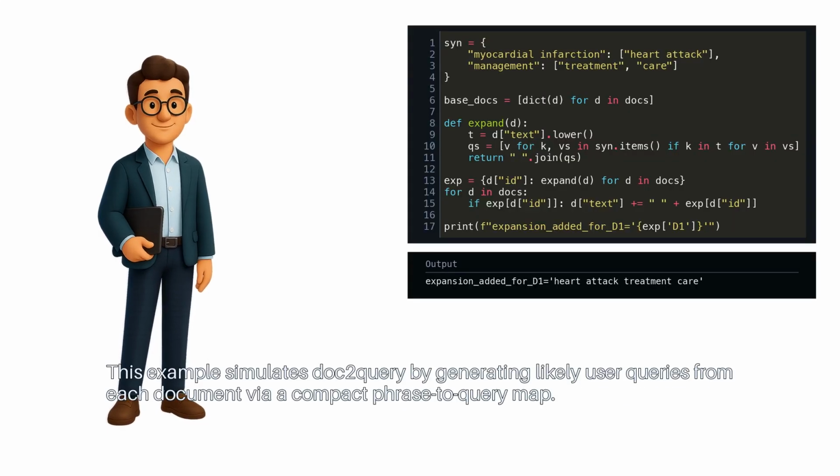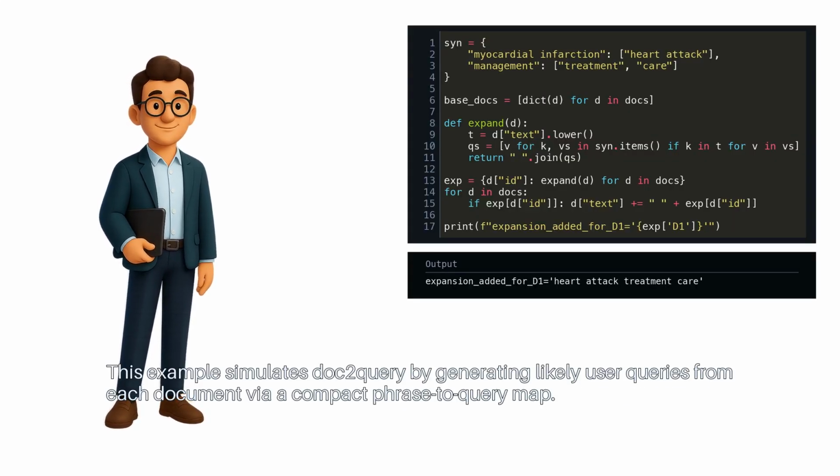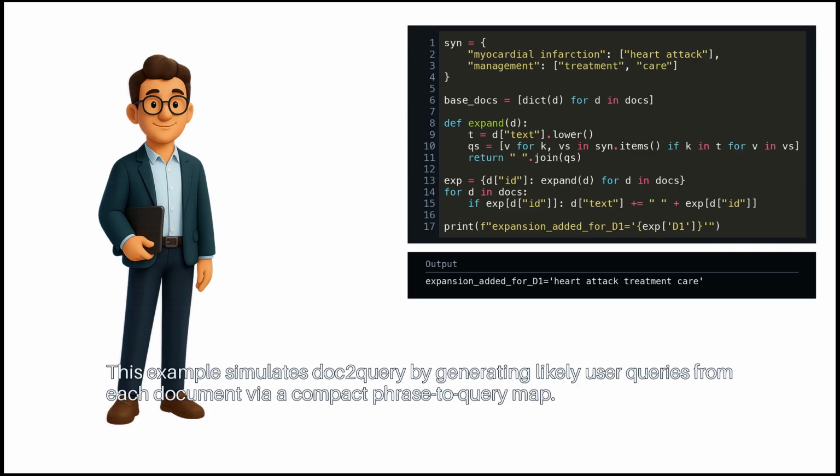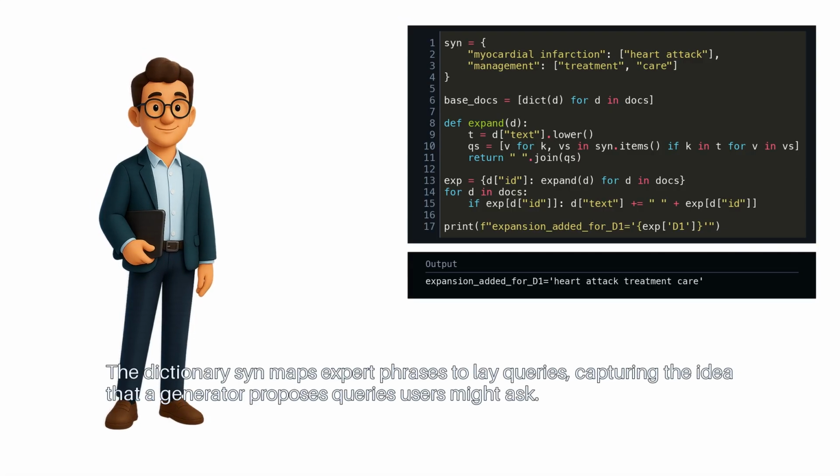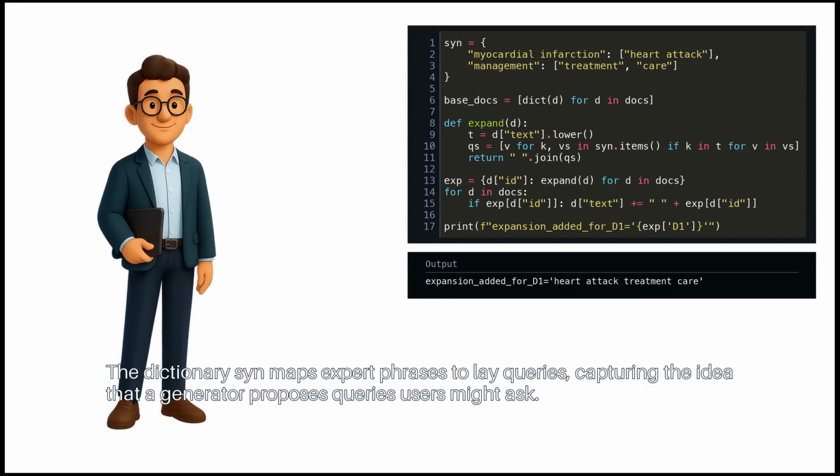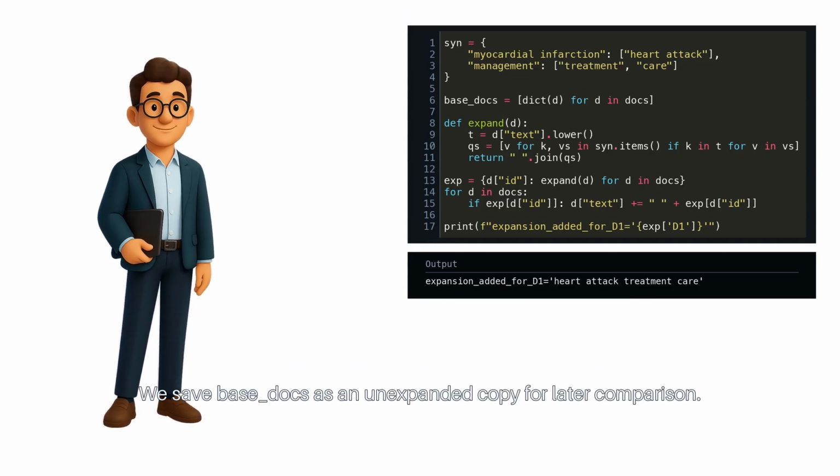This example simulates doc2query by generating likely user queries from each document via a compact phrase-to-query map. The dictionary maps expert phrases to lay queries, capturing the idea that a generator proposes queries users might ask. We save base docs as an unexpanded copy for later comparison.